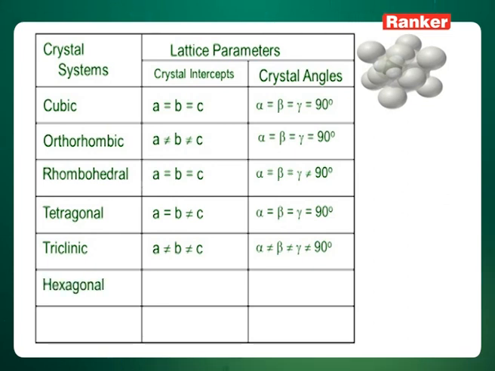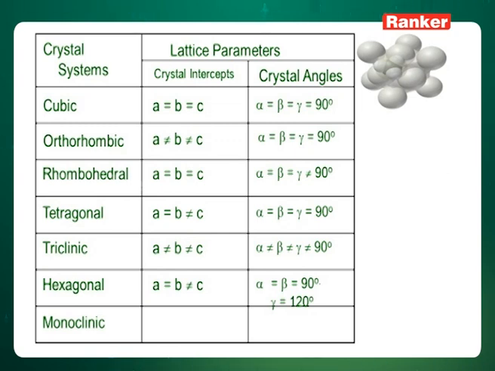The next is hexagonal. That is A equal to B, that means two intercepts are equal, but the third one is not equal. Similarly, two interfacial angles are 90 and one interfacial angle is 120. Then the last, the monoclinic, like monoclinic sulfur and triclinic sulfur, which we learn in the case of sulfur.